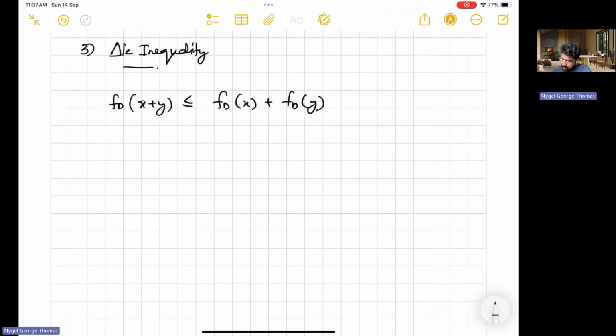Anyways, let's move further. Fd of x plus y is the max of f of x is equal to 1, y transpose. Let's take z transpose.